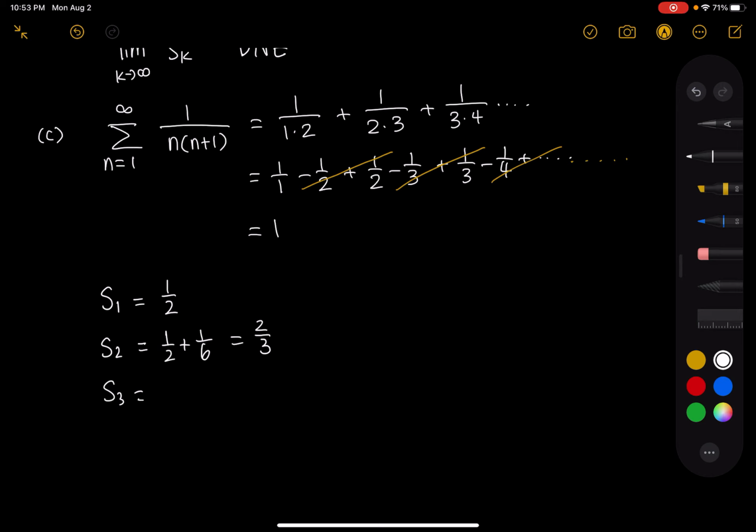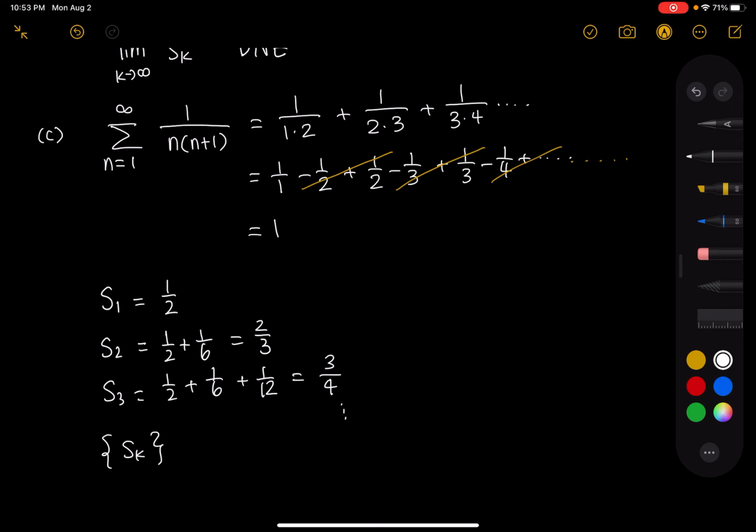S3 is 1/2 plus 1/6 plus 1/12, which is 3/4, and so on. You see, that list of numbers is getting closer and closer to 1, okay?